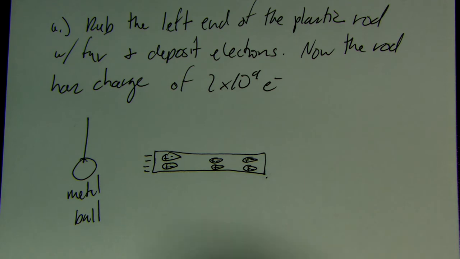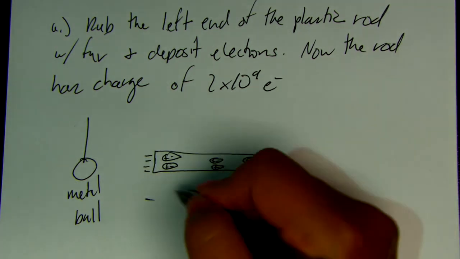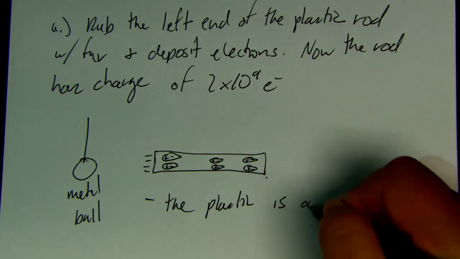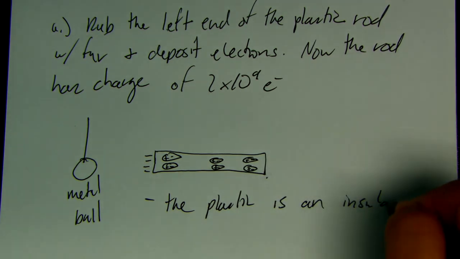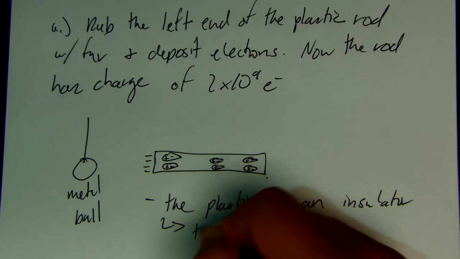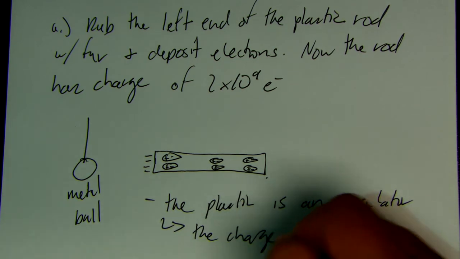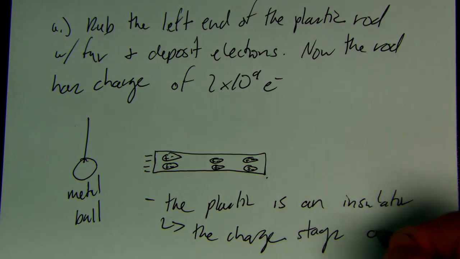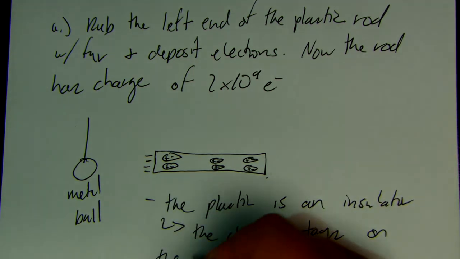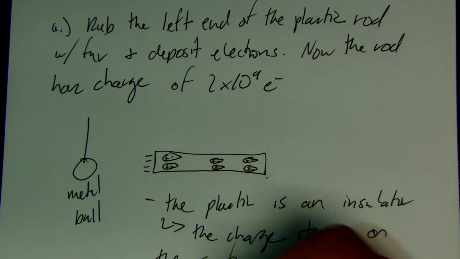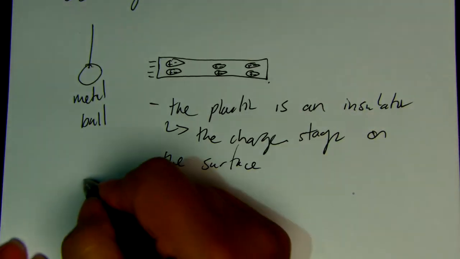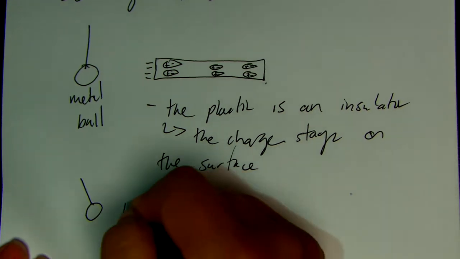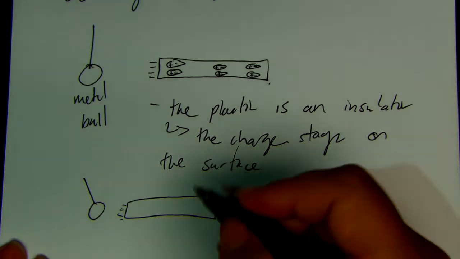All right, so the plastic is an insulator, so the charge stays on the surface. And this is also going to end up attracting the metal ball.